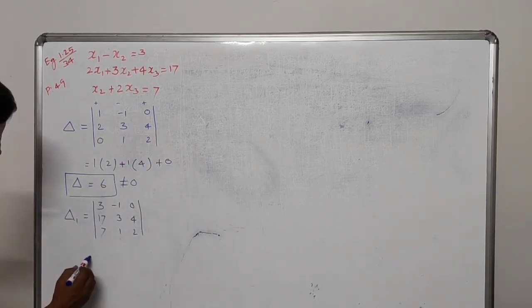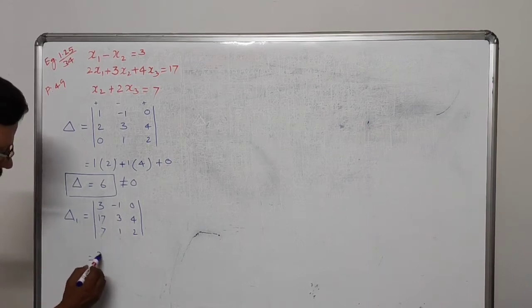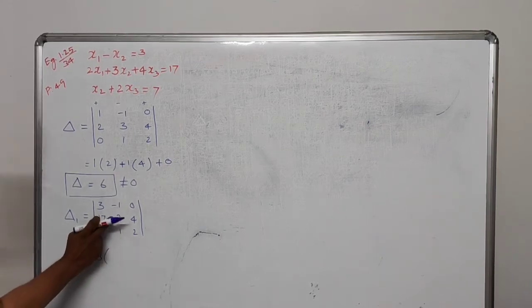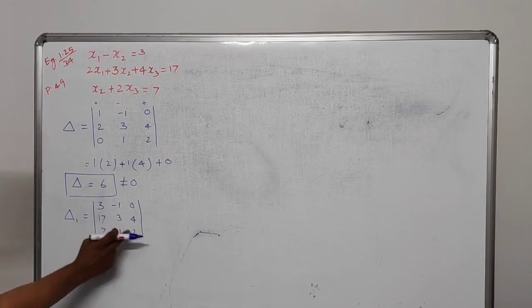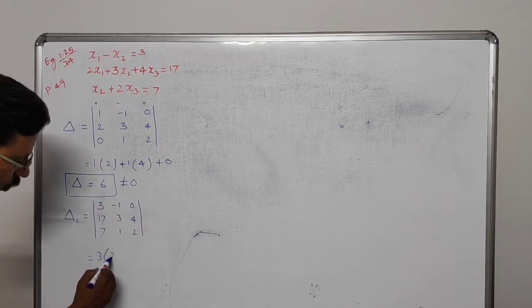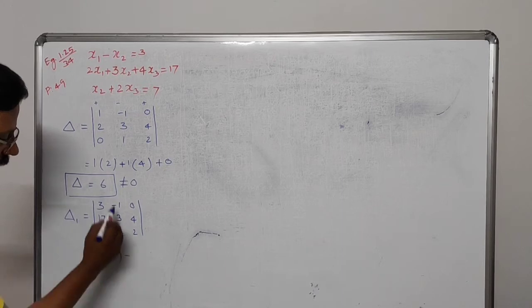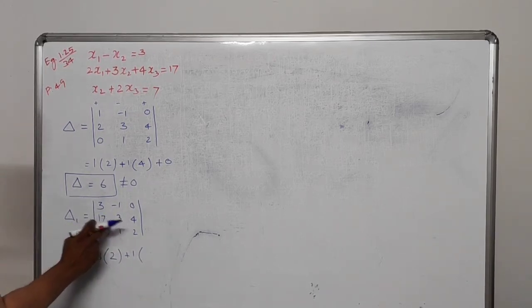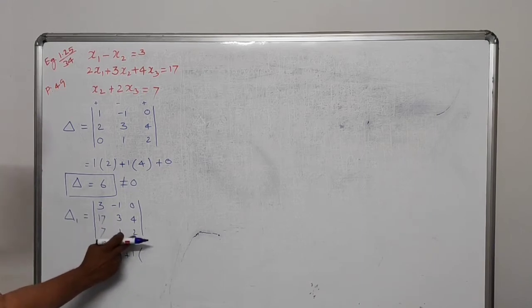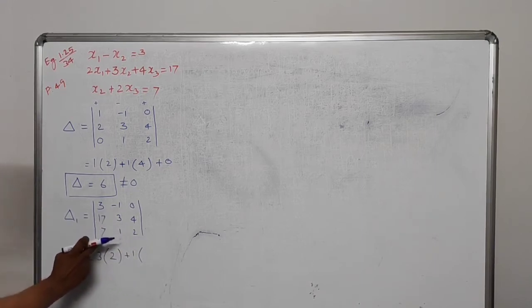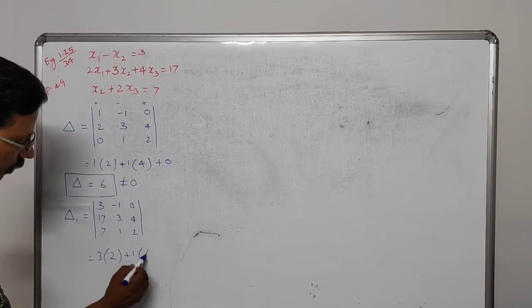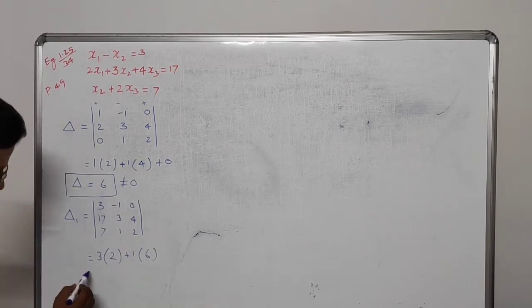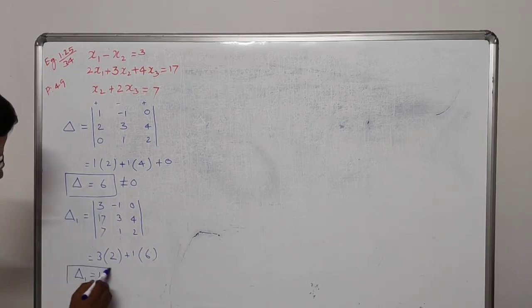We can write 3 into 3 twos are 6, minus 4 gives 2. Then minus of minus 1 gives plus 1 into 2 into 17, 34, minus 28 means 6. Then 6 plus 6 gives 12. That is, delta 1 is equal to 12.